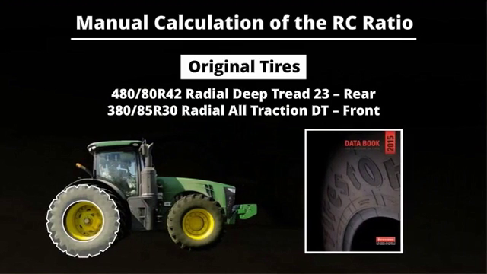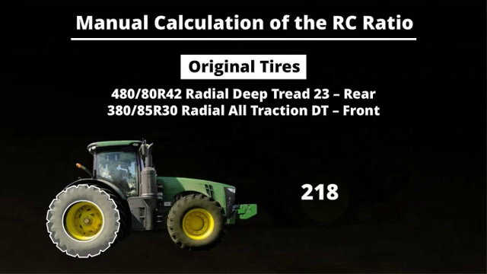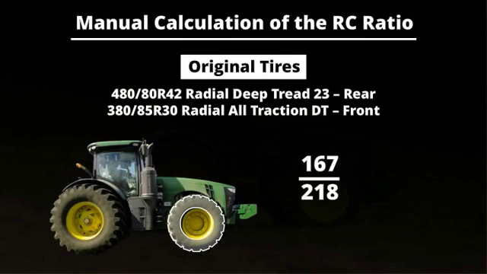The Firestone Farm Tire Data Book lists the rolling circumference for each tire. The rolling circumference for the current rear is 218, while the front is 167. Dividing 167 by 218 equals a ratio of 0.766.